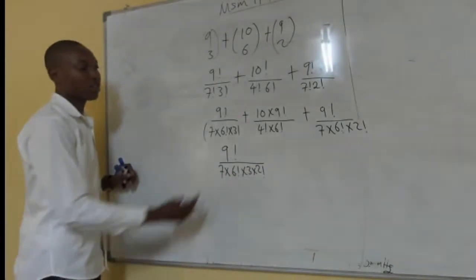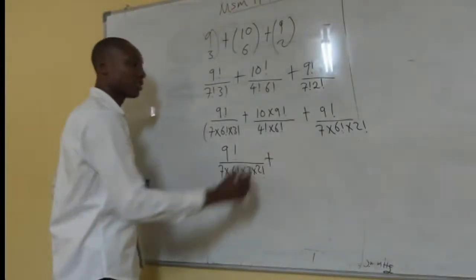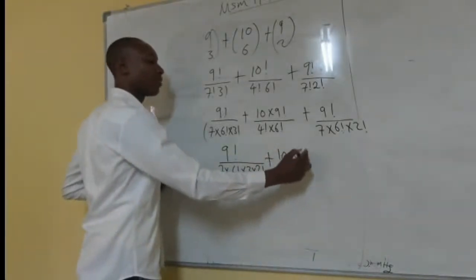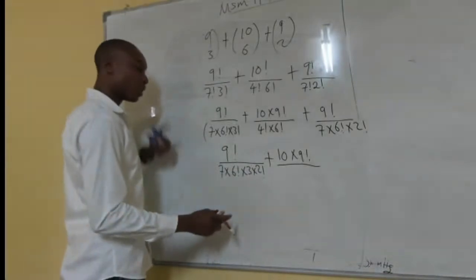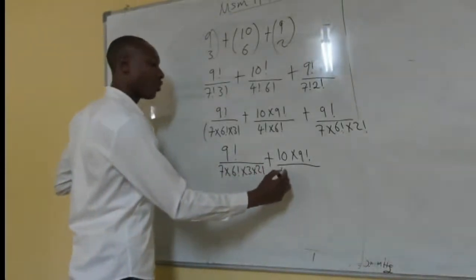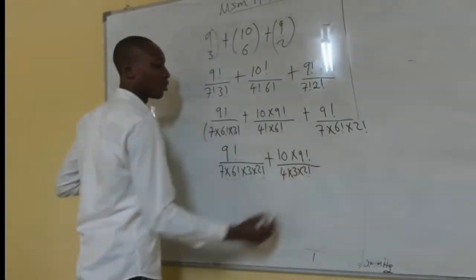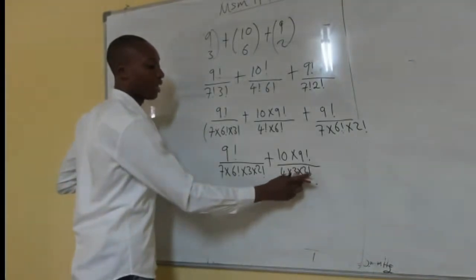Can you see that? 3 factorial is 3 times 2 factorial. Plus we have 10 times 9 factorial over 4 factorial, which can be written as 4 times 3 times 2 factorial.